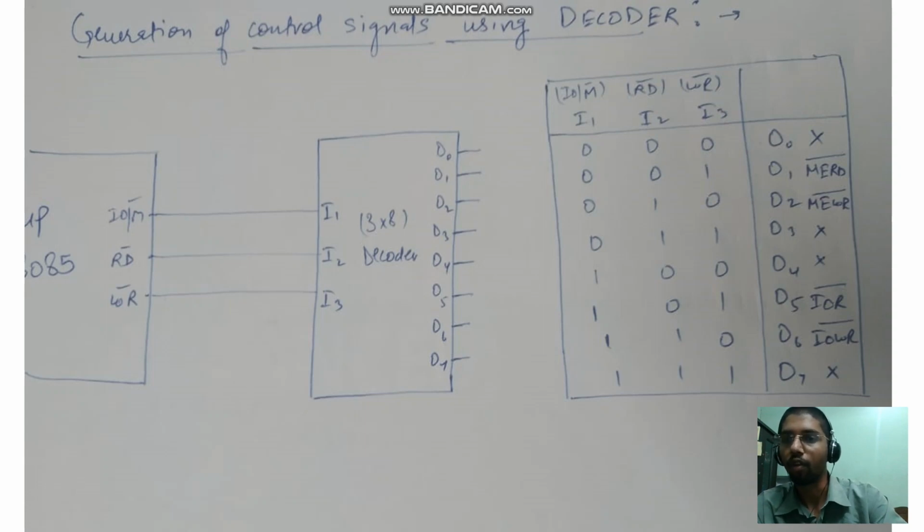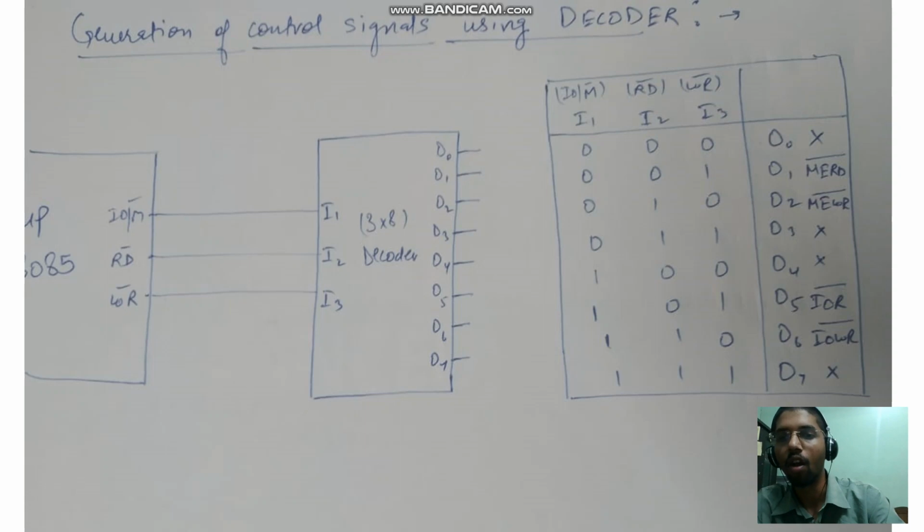For the memory read signal, IO/M bar is 0, and read bar and write bar cannot both be active at the exact same time. Either a read operation or a write operation will be performed at a specific moment. So in the first case, it's not valid. In the second case, read bar is 0 and write bar is 1. That means the read operation will be performed, and if IO/M bar is 0, that means a memory read operation.